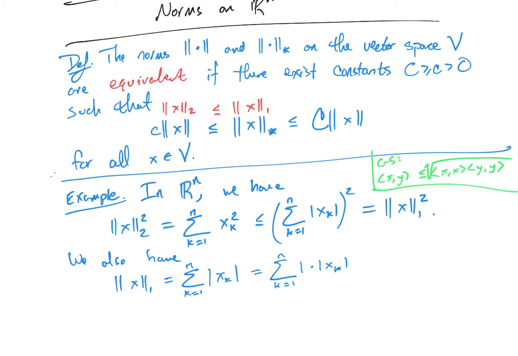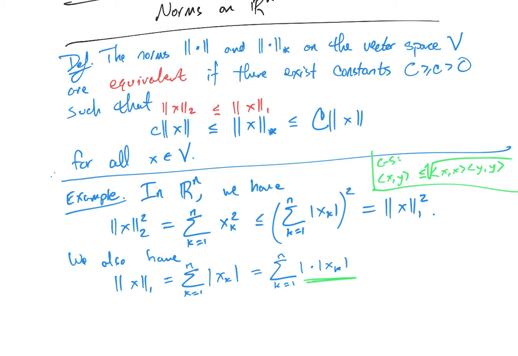Now I'm going to view this as an inner product in Rn of the all one vector with the vector whose components are the absolute values of the corresponding components of x.